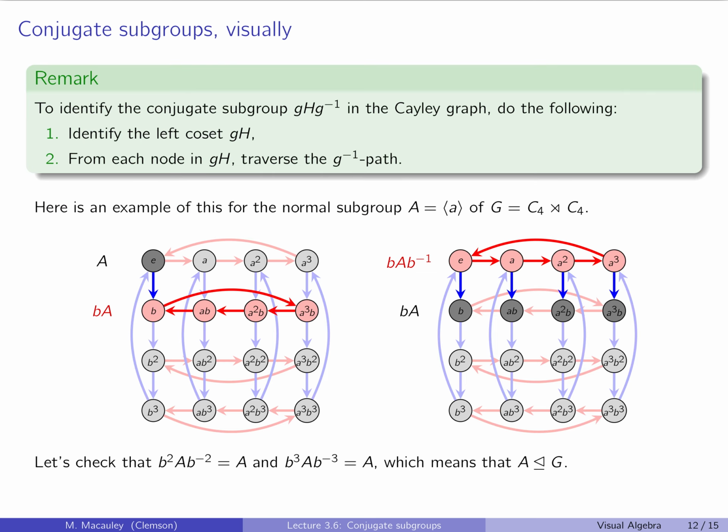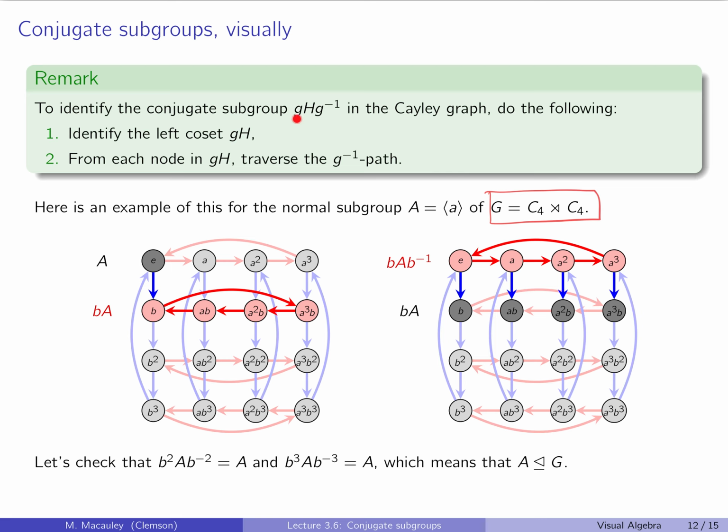I'm going to finish this lecture by exploring how to identify conjugate subgroups in a Cayley graph. And I will use the example of a group that I don't think we've seen before. This is the semi-direct product of C4 with C4. To identify the conjugate subgroup G H G inverse in the Cayley graph, let's do the following.